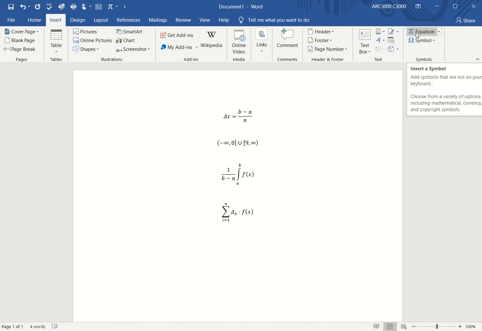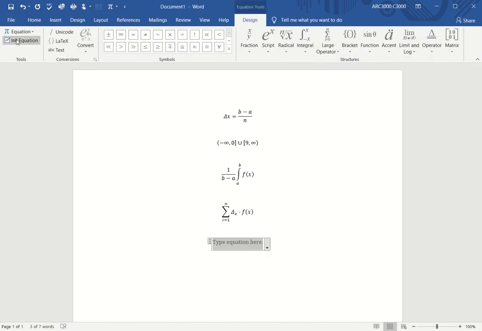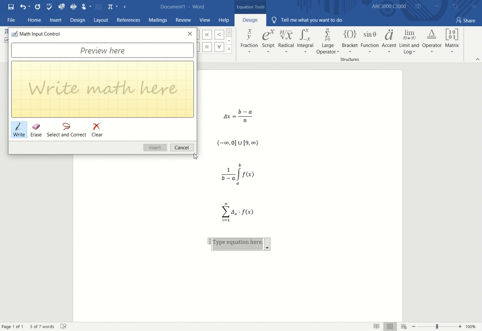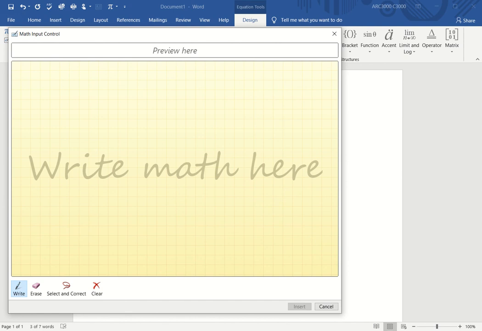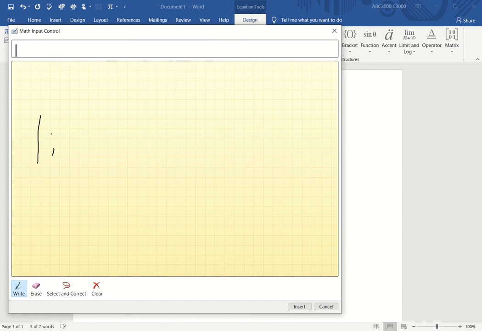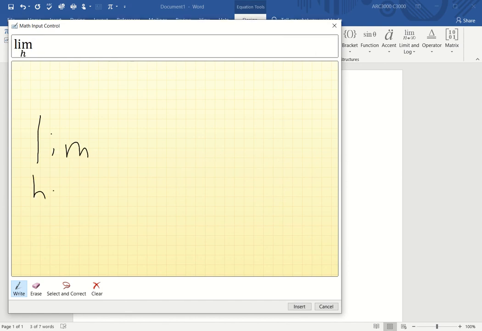Go to Equation, Ink Equation. We are going to be adding a limit next. Limit as h approaches 0 of f of a plus h.